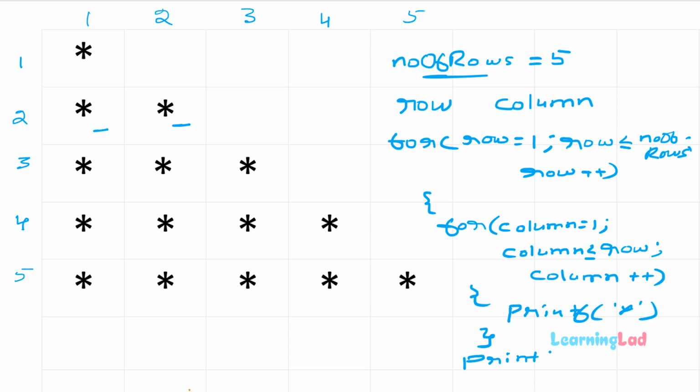So here we're gonna use a printf function, and we will append a new line here. So this new line insertion will be after this for loop, that is the columns for loop or inner for loop. Alright, then we will close the outer for loop, the for loop which is used for the rows. So we're gonna be using this logic and we will be writing the program.